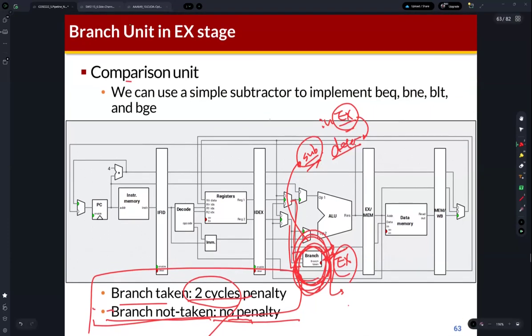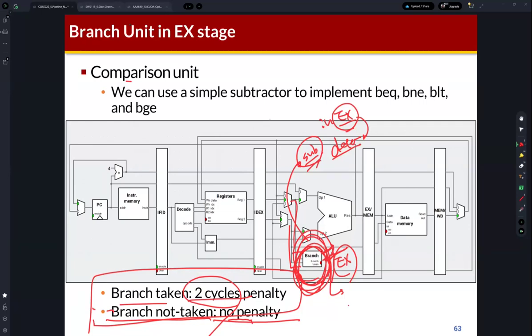So actually, in the last lab, you will be requested to implement the pipeline architecture. And in the pipeline architecture, the tricky part is to implement the forwarding unit and then the hazard detection unit. So the hazard detection unit includes the load-use data hazard and control hazard.